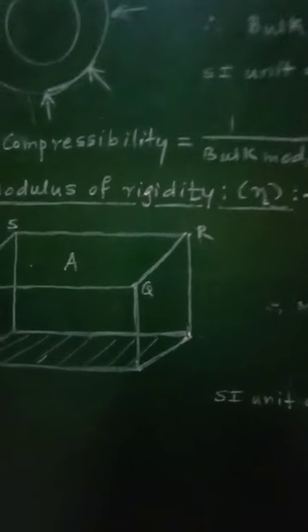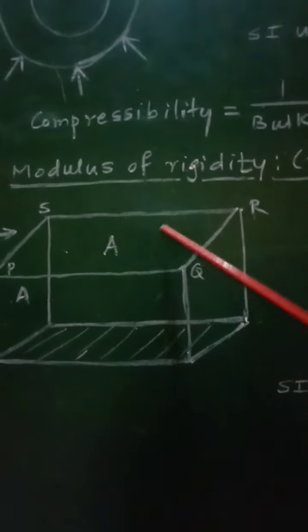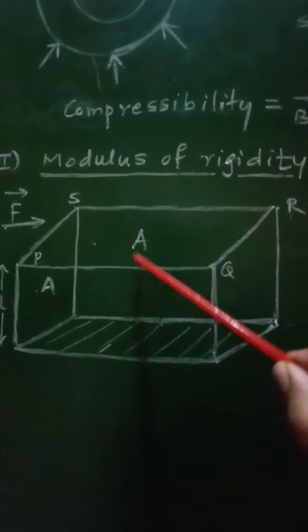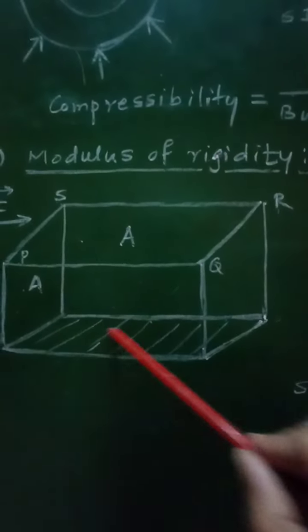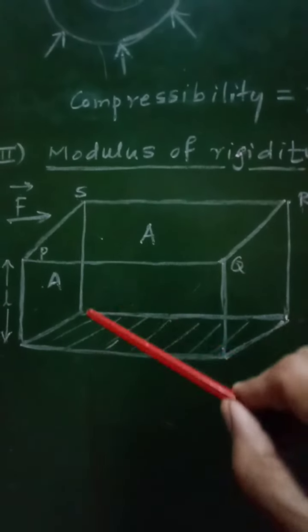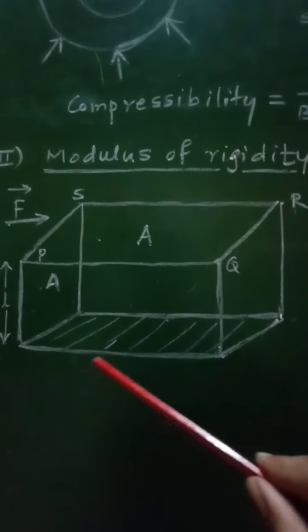To explain this concept, let us consider a cube made up of different layers. The bottom layer of this cube is kept fixed, and the upper layers are loosely connected with this bottom layer.